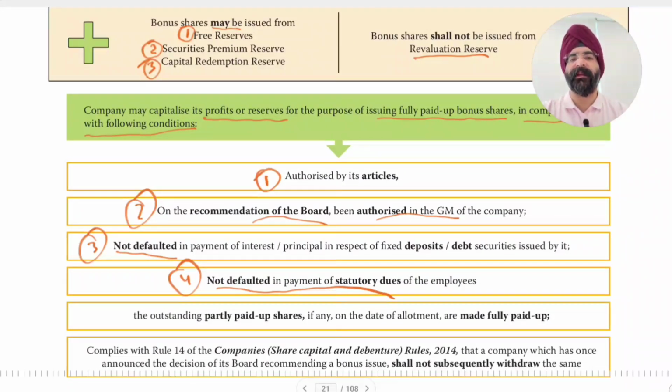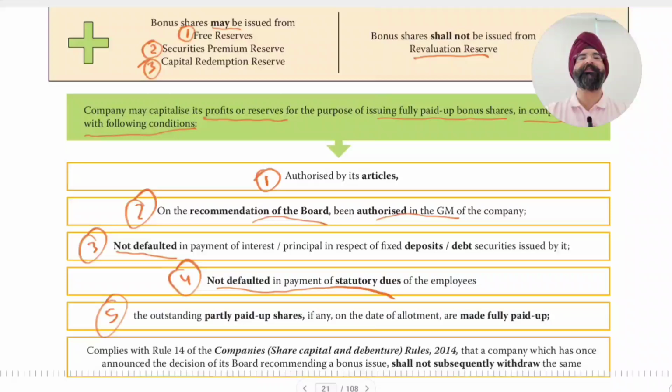Even if salaries are late or if there is default in payment of salary, then also bonus shares cannot be issued. Number five is outstanding partly paid shares, if any, on the date of allotment are made fully paid up. Partly paid up means the face value is rupees 10, however the money received on first call, second call is say rupees 6.